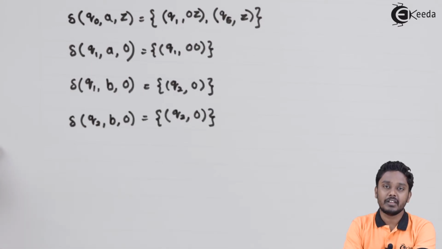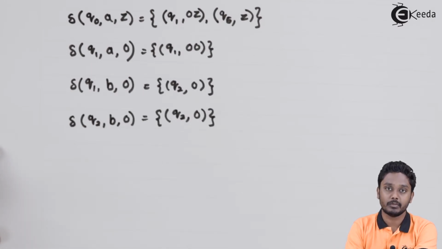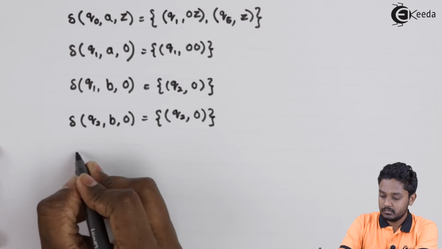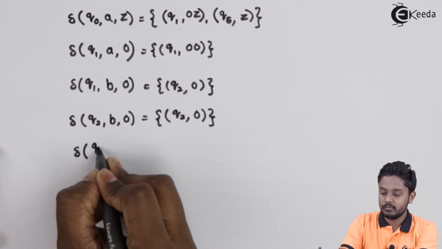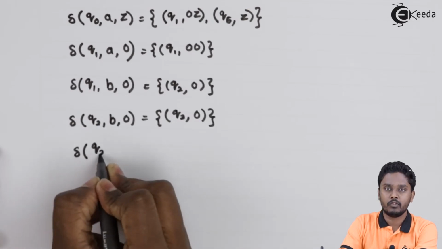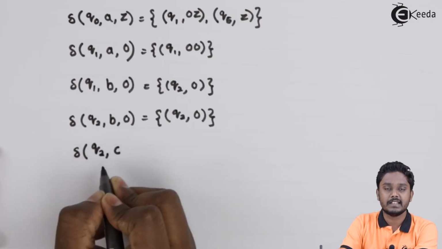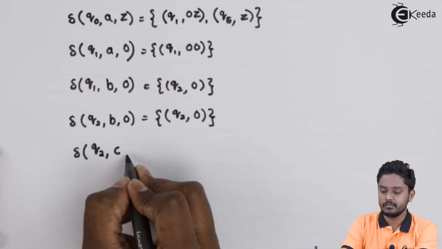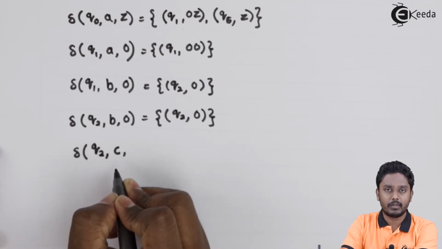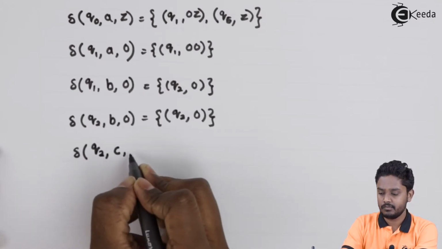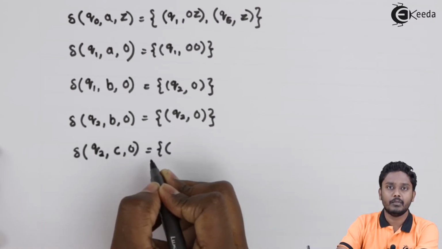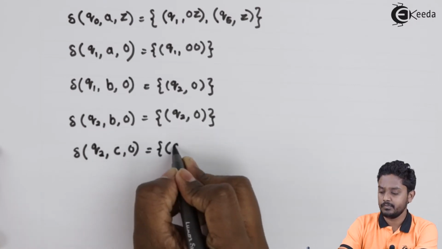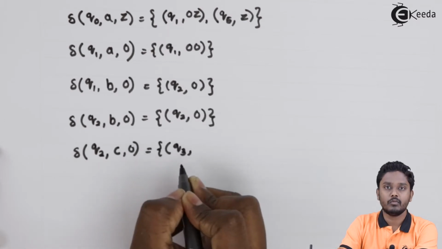Now, to match A and C, we will have a popping off operation. So delta of Q2 with C as the input symbol and 0 as the top of the stack, we will have state Q3 with a pop-off.